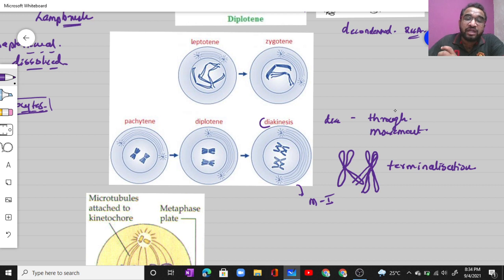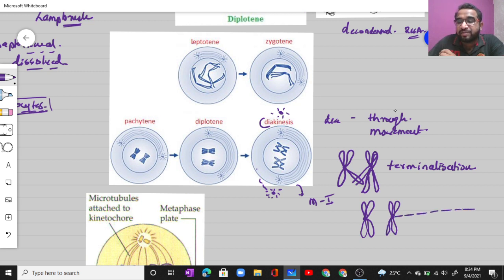By the time these stages were completed, the centrioles must have traveled towards the opposite poles and started the production of the spindle fibers. These spindle fibers travel towards the chromosomes, and the chromosomes get attached to the spindle fibers.